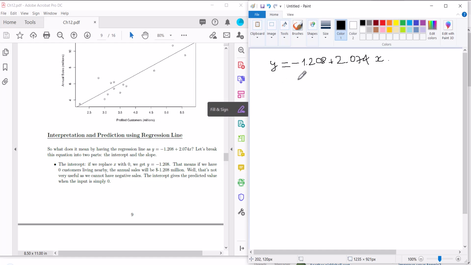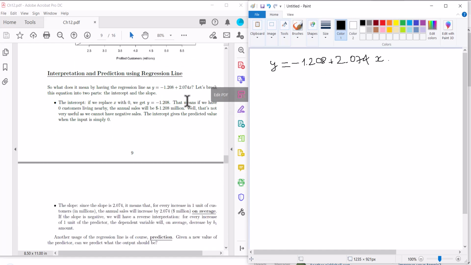How do you interpret this equation? For the intercept, the intercept is minus 1.208. That's simply the value of y when x is equal to 0, right? So you can plug x equal to 0 in here, and that's simply the value of y.